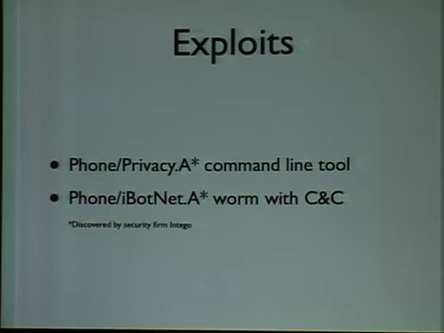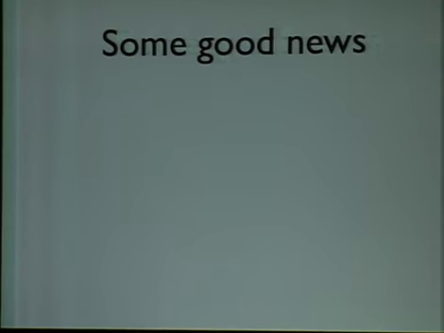Somebody took that one step further with iBotnet.a, again discovered by the same guys. It's a botnet on your iPhone that has a command and control channel, and even modifies /etc/hosts so that when you browse to, I think it was a Lithuanian banking site, you would go somewhere else. So, a little bit more suboptimal, if that's a phrase.